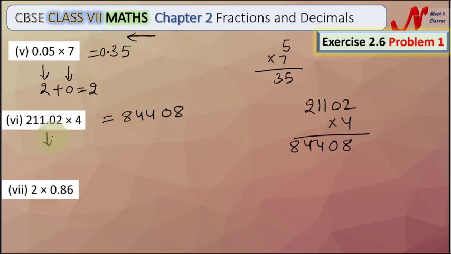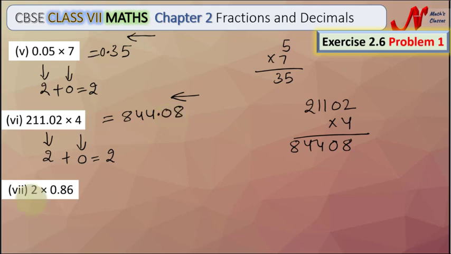In 211.02 we have 2 digits after the decimal point. In 4 we do not have any digit after the decimal point. So we get 2 digits after the decimal point. So in the result, from right to left, we keep the decimal point after 2 digits.